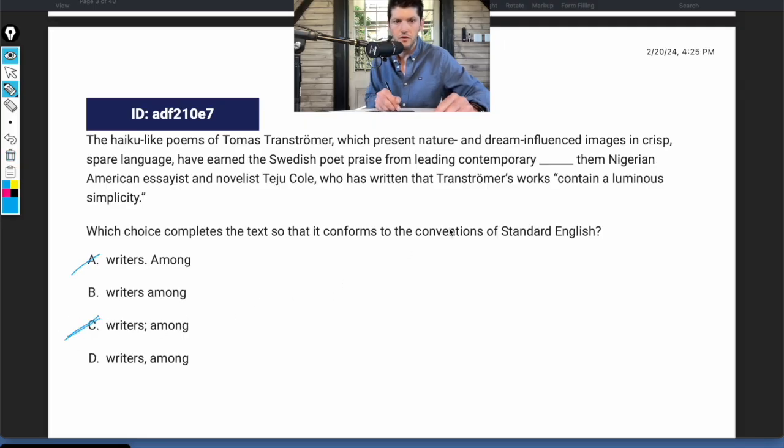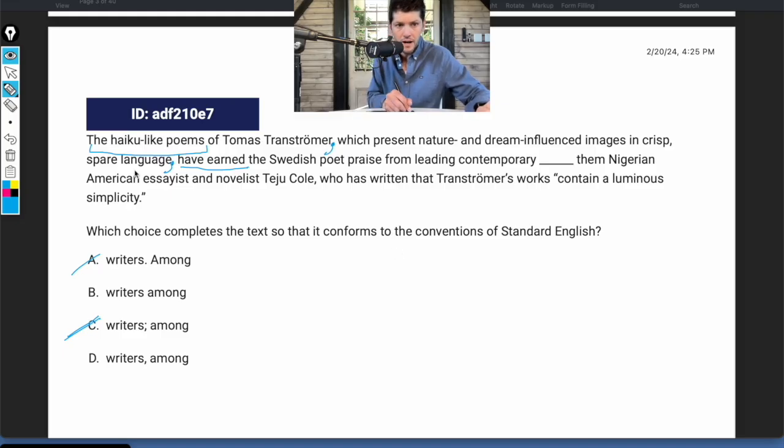Okay, so let me show you how I would do that. I'm noticing the verb have earned, and that links to the subject, which is typically the first few words of a sentence or the first few words of a clause, right?